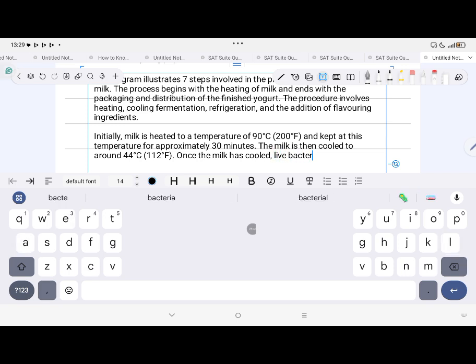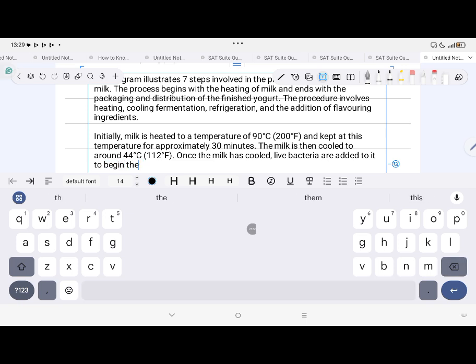Live bacteria are added to it to begin the fermentation process.